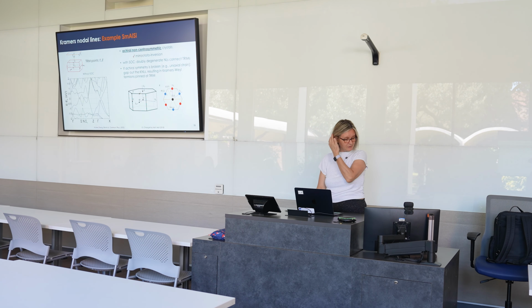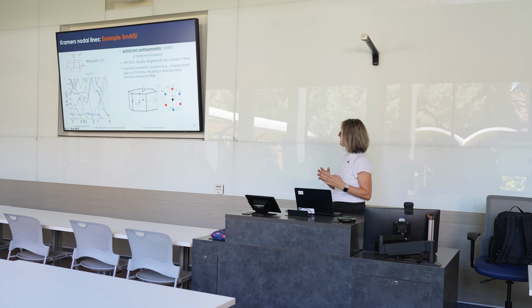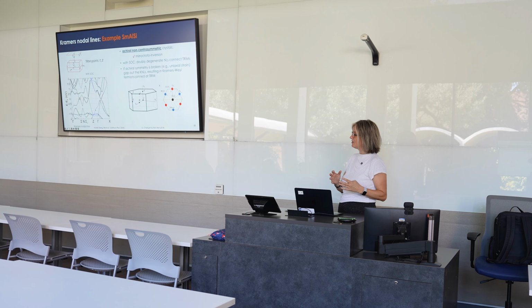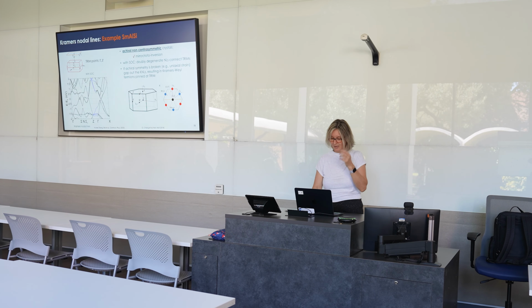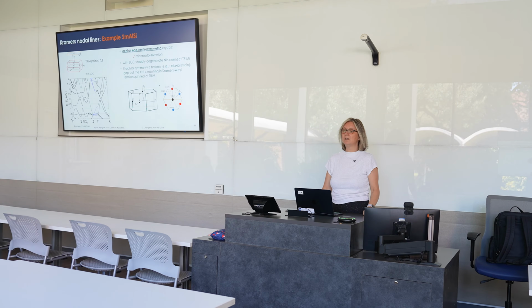Between Z and gamma, the lines are degenerate, and they're split away from it. As we introduce spin-orbit coupling, those lines between Z and gamma stay degenerate and they split when we go away. All right, so this is as much as I'm going to tell you now about Kramers nodal lines.